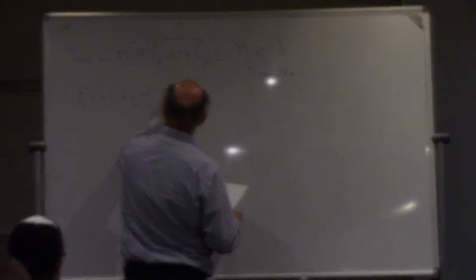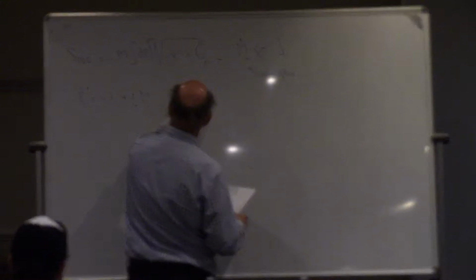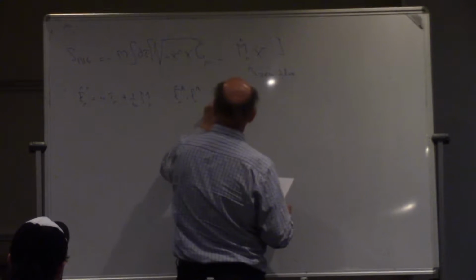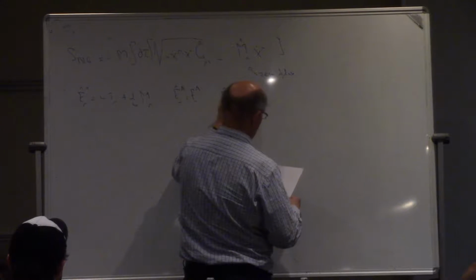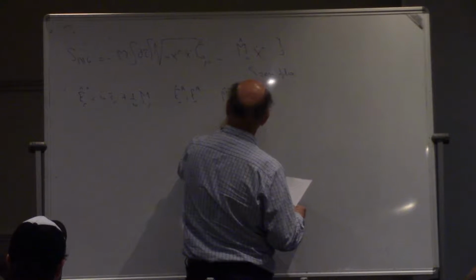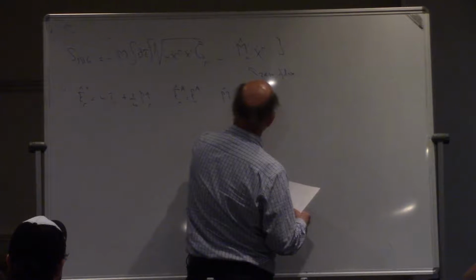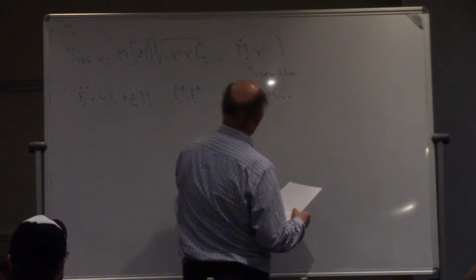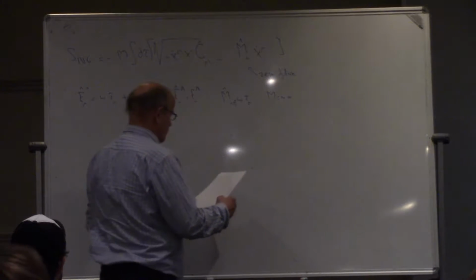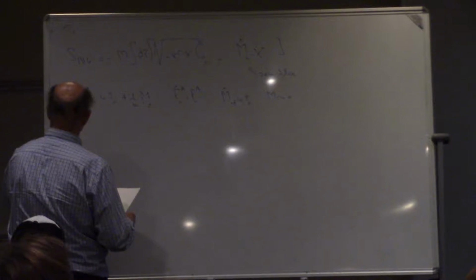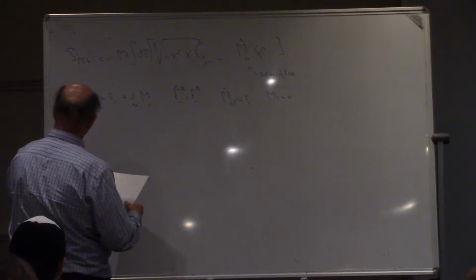E hat mu A is just E mu A, don't do anything. And the M hat in this Wess-Zumino term, I rescale with omega tau mu. And the mass is also rescaled. And as I said, then the infinity here cancels against the infinity there. And what you end up with is the Nambu-Goto action of a non-relativistic particle.